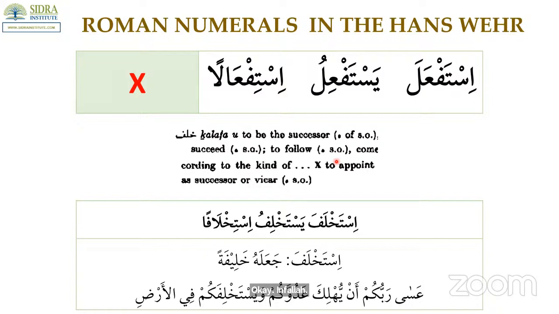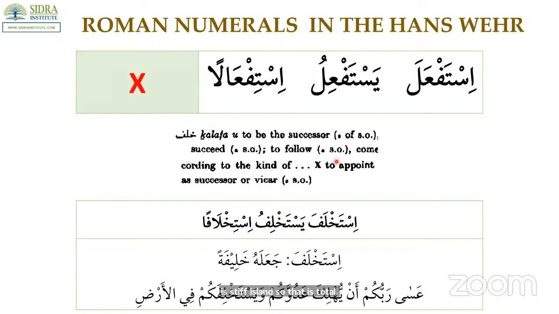Number 8 is ifta'ala yafta'ilu ifti'alan. Number 9 is if'alla yaf'allu if'ilalan. And number 10, which is the last one, is istaf'ala yastaf'ilu istif'alan. So that is 2 till 10.